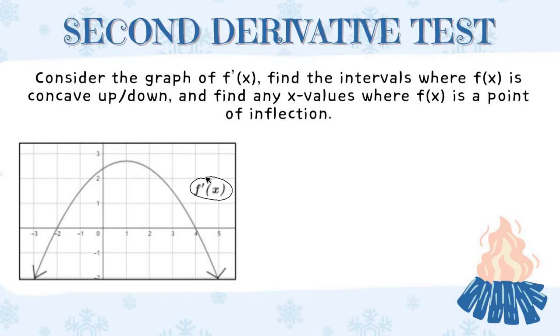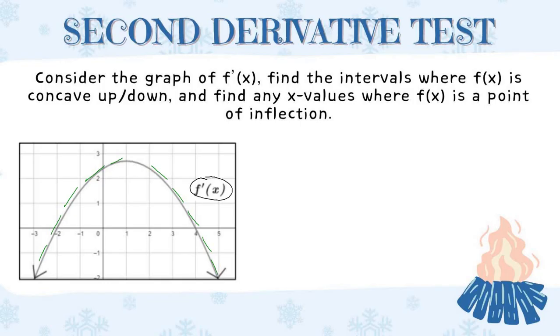So notice on this graph, on the left side of my graph, what type of tangent lines do we have here? Positive. Okay. On the right side of my graph, what type of tangent lines do we have there? Negative. But because I'm starting with my first derivative, that means that these tangent lines represent my second derivative.